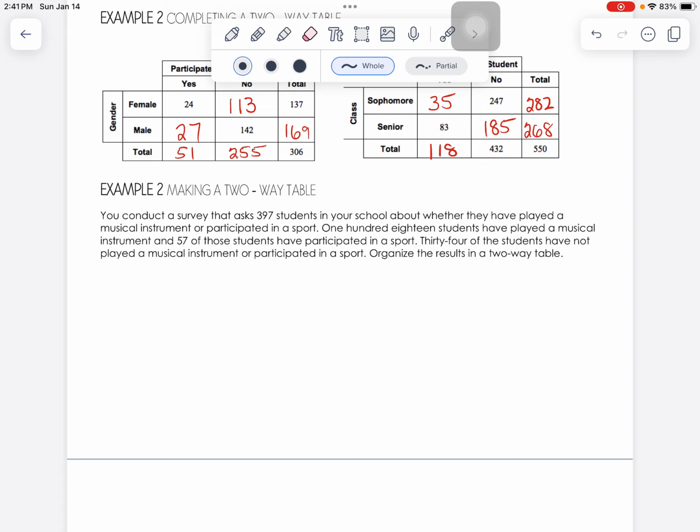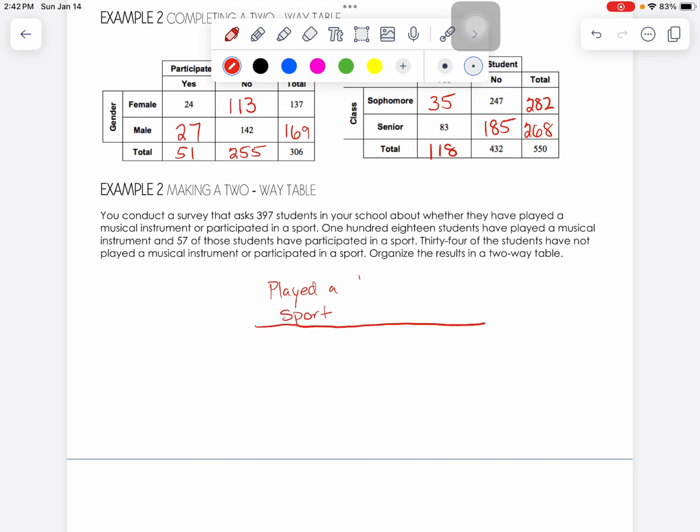All right, so in my two-way table here, I'm going to put played a sport. I'm going to reread that. Played a sport, or did not play a sport.